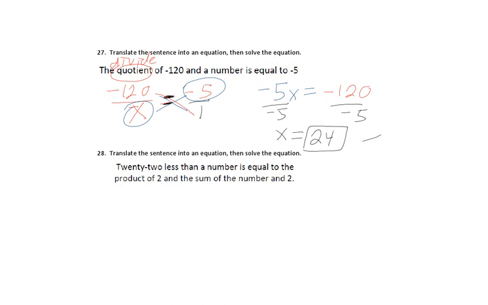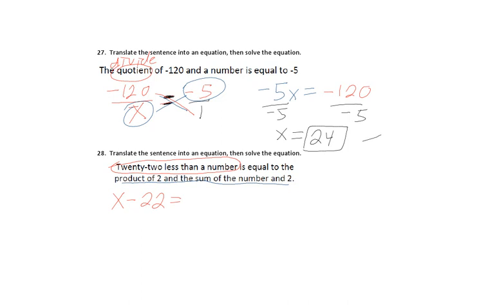28. 22 less than a number is equal to the product of 2 and the sum of the number and 2. They said a lot there. Alright, one thing at a time. 22 less than a number. 22 less means subtract. So that really means x minus 22. The product of 2 and the sum of a number and 2.